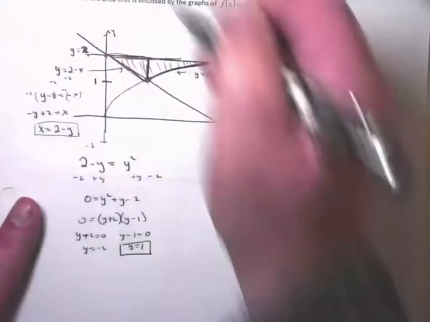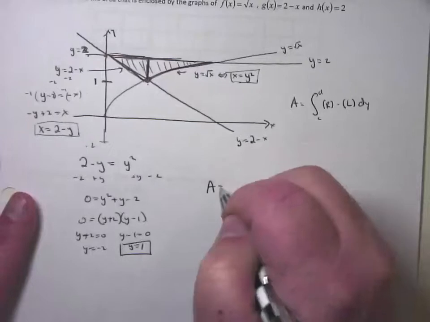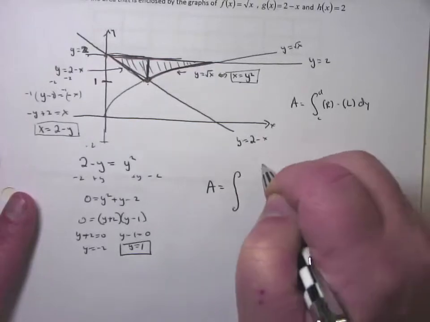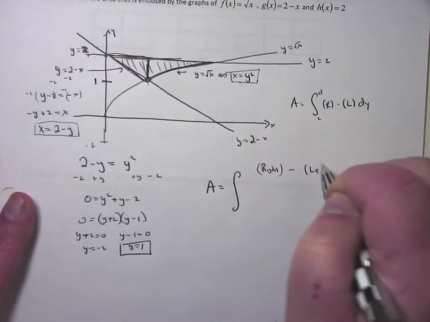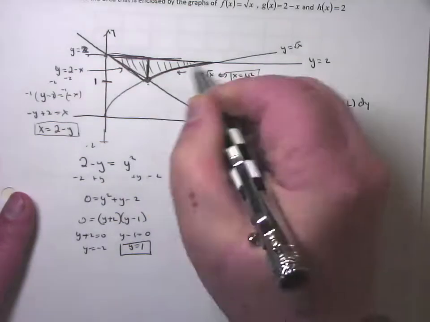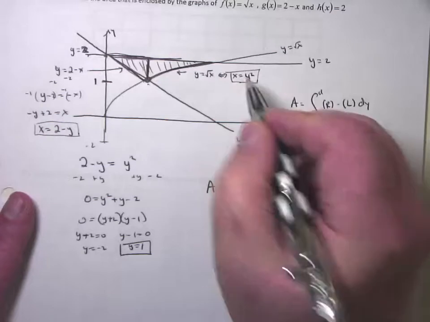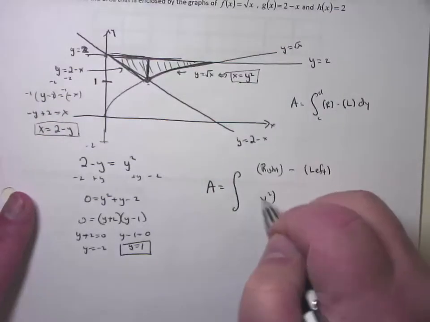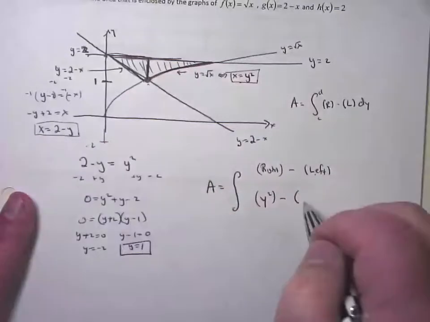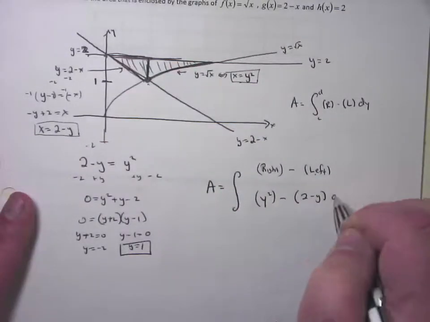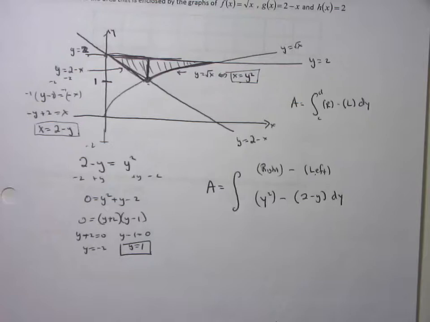So, setting up my area is going to be the integral of right minus left. The right function is the parabola, which is the y squared, minus the left is the line 2 minus y. Again, I cannot stress the importance of the parentheses.